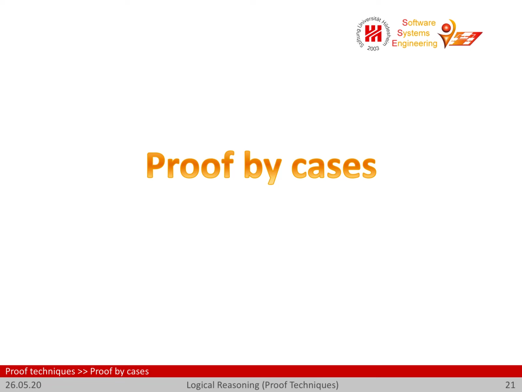Actually, in some sense, you just saw that with the bidirectional proof, where we took it apart into the one direction case and the other direction case. So that's actually a specific variant of proof by cases.